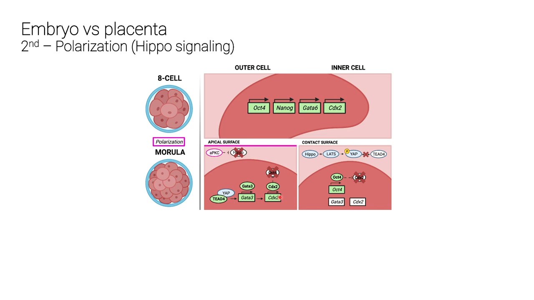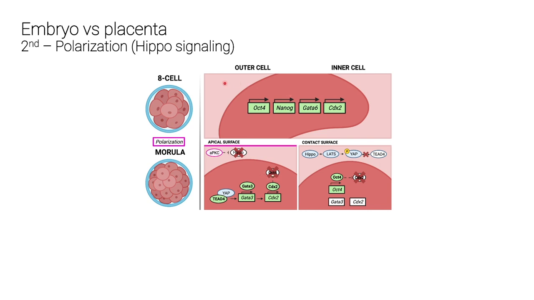And then what we see very commonly in development is this reciprocal inhibition of fates. When we have higher and higher increase in CDX2, which is a key placental transcript, then we have further and further inhibition of the transcript which would generally govern the embryo lineage, which is largely OCT4.